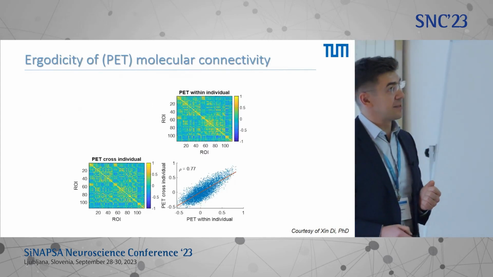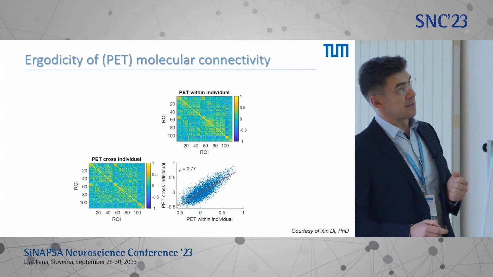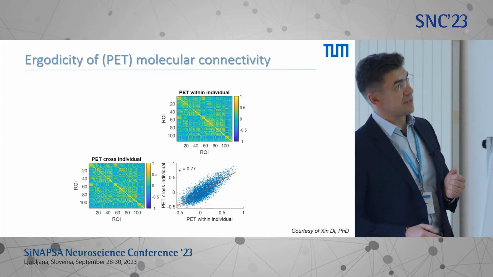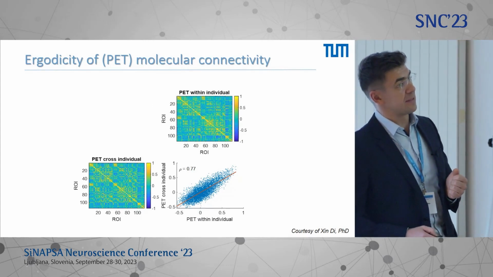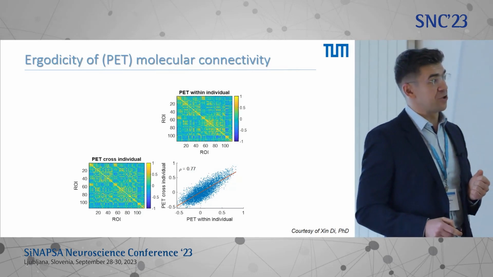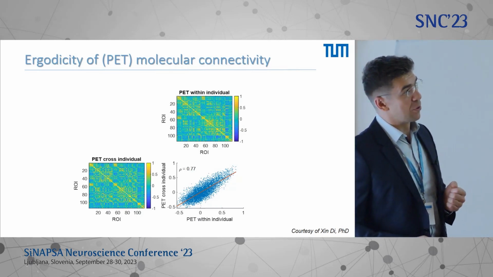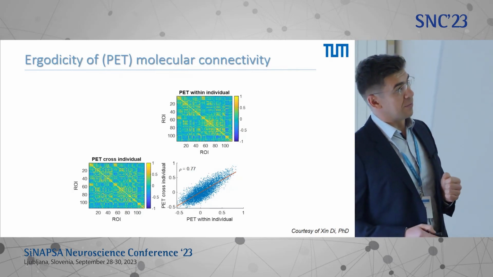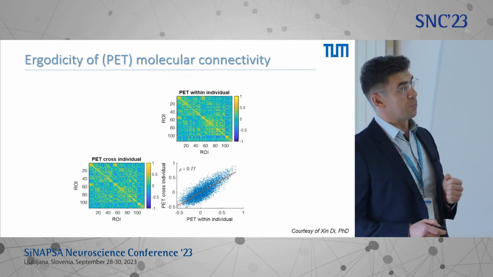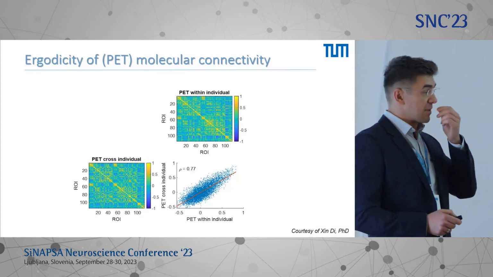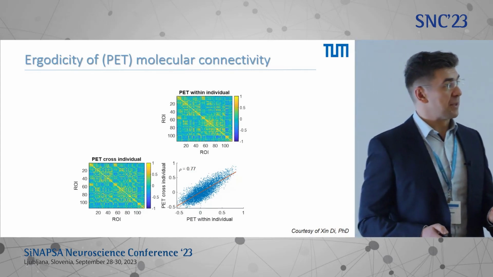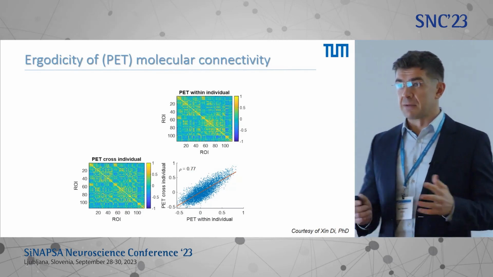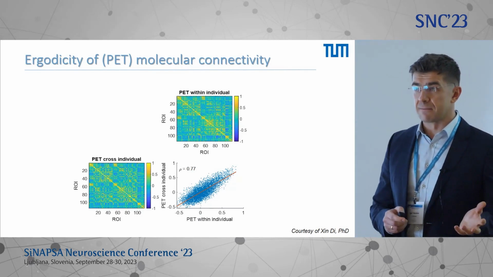These are the results. So the regional matrices for different regions of interest, but essential is this plot with an R value of 0.77. So there is a strong correlation between within-subject and between-subject variability.